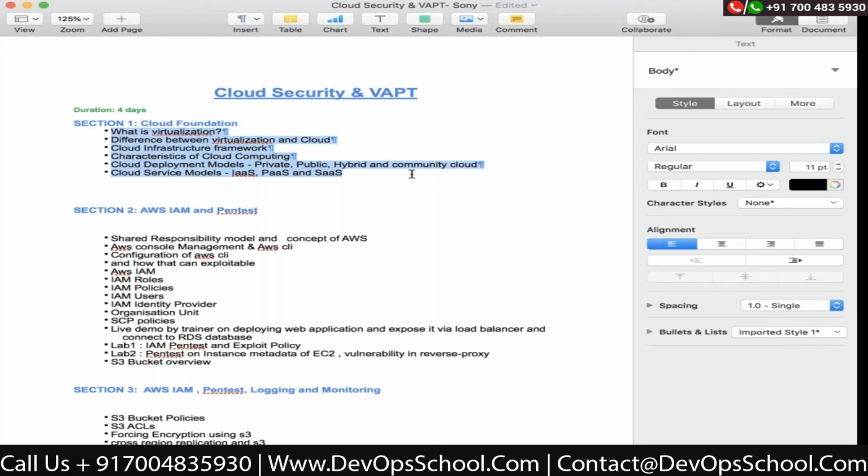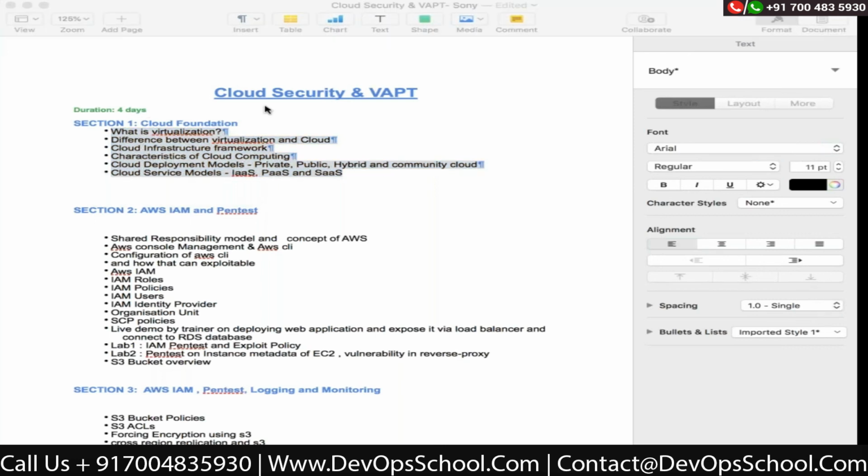AWS, as I said, works on the shared responsibility model. What does it mean? It means that the security things have to be equally shared. Some part we have to take care of, some part AWS will take care of.